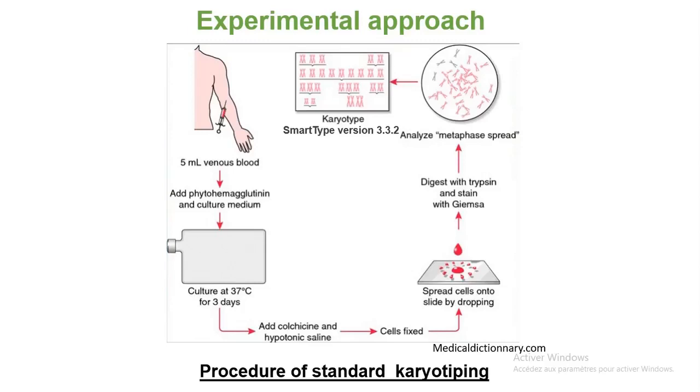After these 3 days, we use colchicine, a mitosis blocker that arrests cells in metaphase, and we proceed with hypotonic shock to break the nuclear membranes. Then, the cells are fixed with a mixture of methanol and acetic acid, spread onto slides by dropping, digested with trypsin and stained with Giemsa, and we analyze the mitoses with the SmartType software to obtain the karyotype.